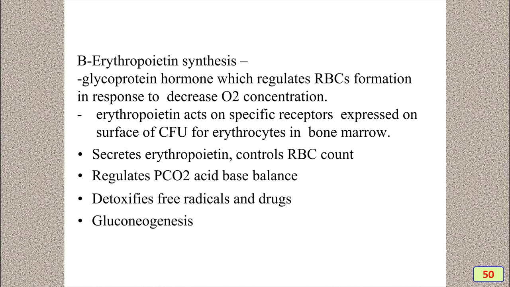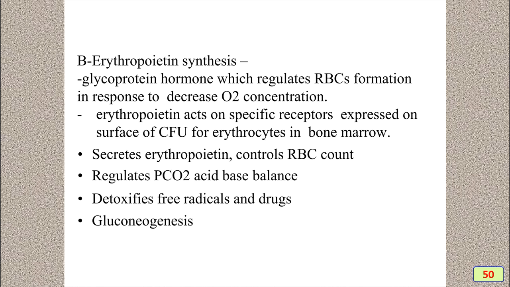So the deficiency of erythropoietin always leads to anemia, and anemia is seen in animals with chronic kidney damage, and it responds to the decrease in oxygen concentration.